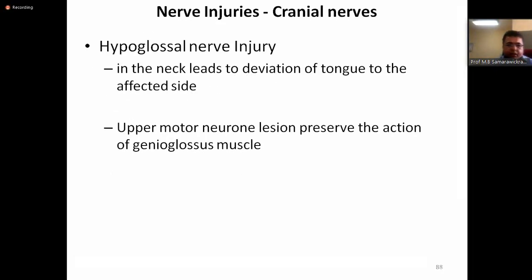Hypoglossal nerve injury in the neck results in deviation of the tongue to the affected side due to the action of the unaffected genioglossus muscle. Upper motor neuron lesion preserves the action of the genioglossus muscle, so you will not see deviation of the tongue.